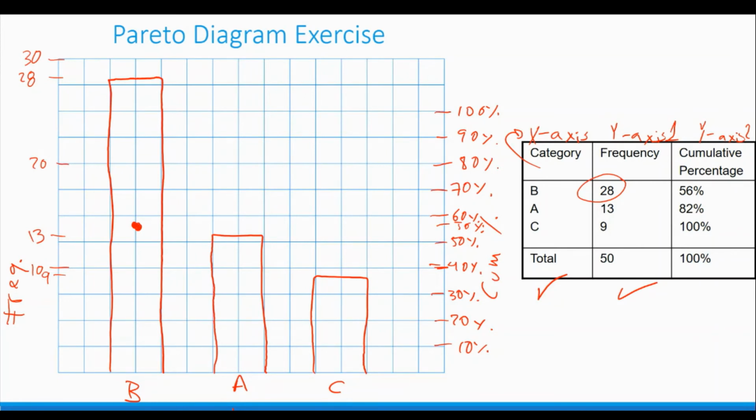Cumulative category A plus B is 82%. So I'm going to call this 82%, and it's somewhere around here, a little lower. And C is 100%. Once you have them organized, you join them, and that's your cumulative percentage.